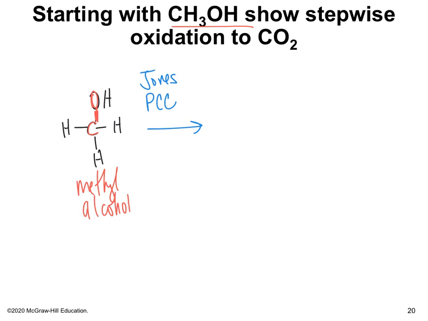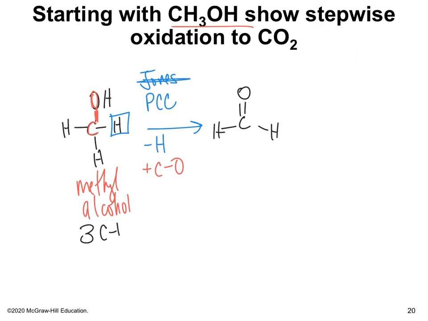Well, let's just do PCC. If you take away the hydrogen, you minus a hydrogen and you increase the carbon-oxygen bonds. So here we have 3 carbon-hydrogen bonds. Here we have 2 carbon-hydrogen bonds.